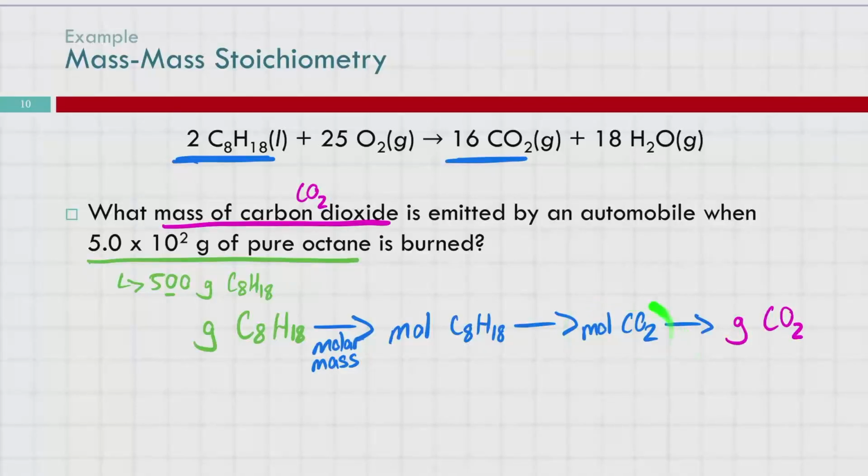And at the end here, you may notice we're going from moles to grams. It's the same thing, opposite directions, so we're going to need molar mass there as well. So we have 2 molar masses to come up with, one for C8H18 and one for CO2. And then this middle step, the C8H18 to CO2 step, we need the ratio from our balanced chemical equation.